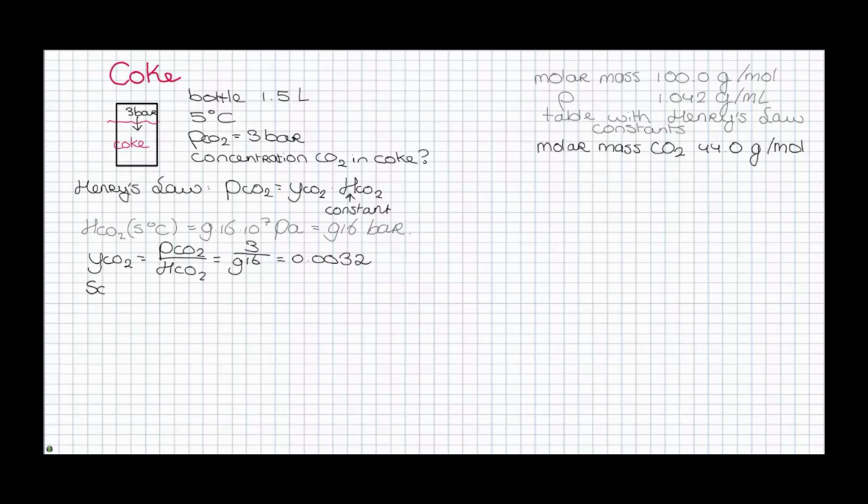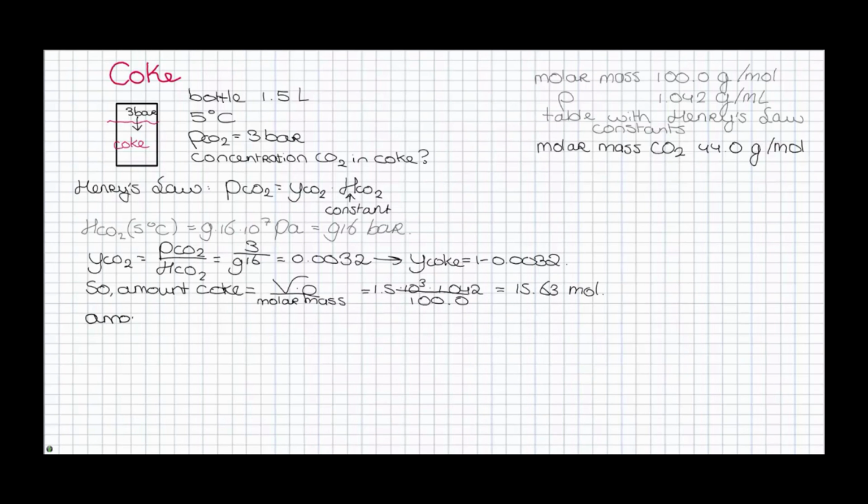If we find the fraction of carbon dioxide in the liquid, we calculate the amount of moles of Coke in a bottle. We can do this by using the volume, the density and the molar mass. We will find an amount of 15.63 moles of Coke, which is 1, or 100%, minus the fraction of carbon dioxide in the liquid.